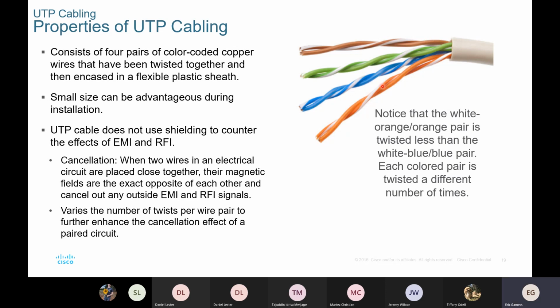It's even better. So we learned about that, no? The idea of twisting the pair is to try to cancel the crosstalk and also minimize the effect of electromagnetic interference and radio frequency interference.